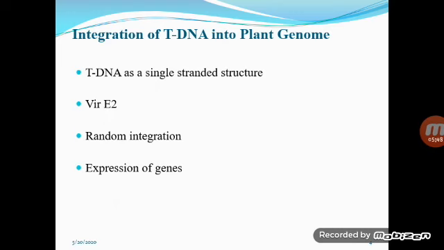For integration of T-DNA, 23 to 79 base pair deletion takes place at the integration site, or we say target site. After integration of T-DNA into the plant genome, genes for auxin, cytokinins, and opines express themselves, which results in uncontrolled growth in the form of tumor.